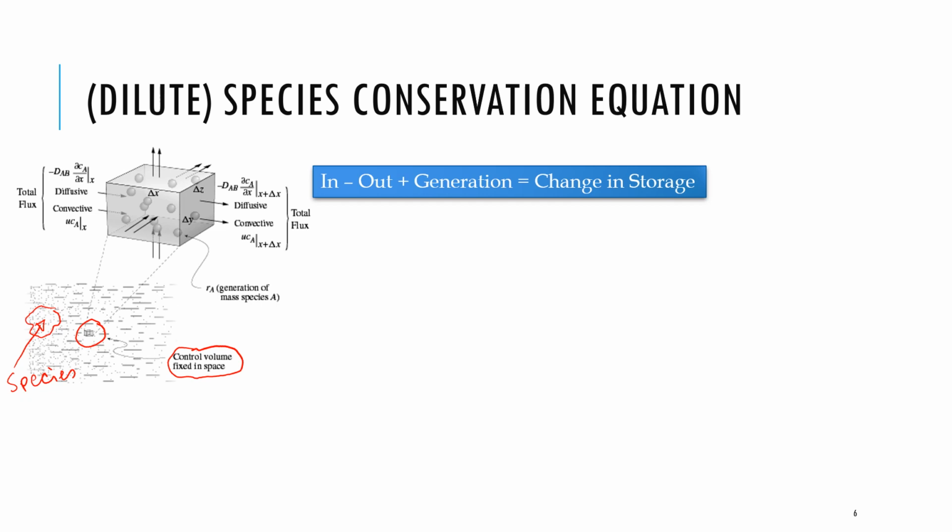Now back to this species, the reason this equation is called dilute species conservation equation is the species that is diffusing. So let's say it's A that is diffusing in B. The amount of A is small enough that, by the diffusion process, it is not having any impact on the B. It is not changing the B by the diffusion process.